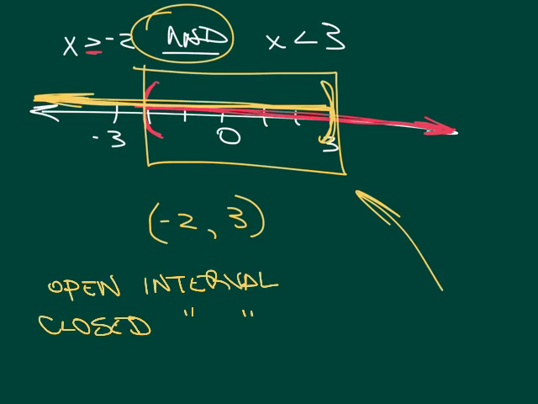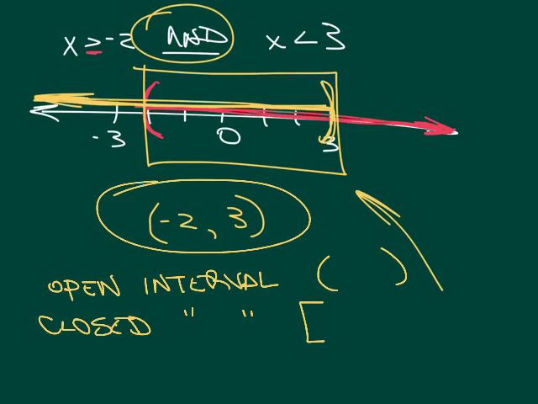Open interval means that neither endpoint is included in the answer, like this one here. X has to be greater than -2. It cannot be -2, and it has to be smaller than 3, so it does not include 3. So open interval means neither endpoint is included. Closed interval means both endpoints are included.